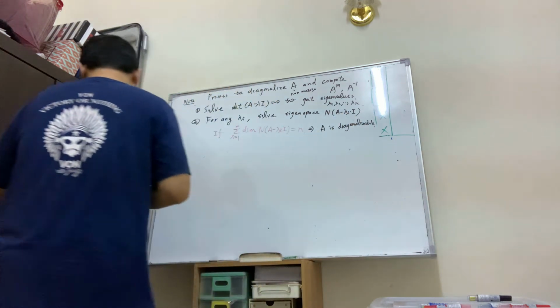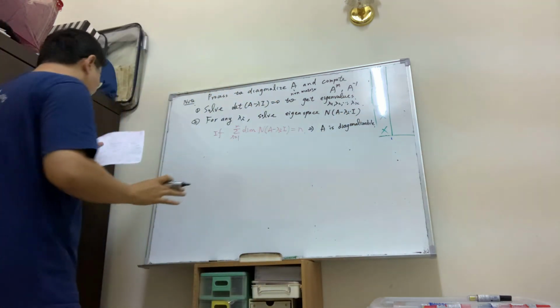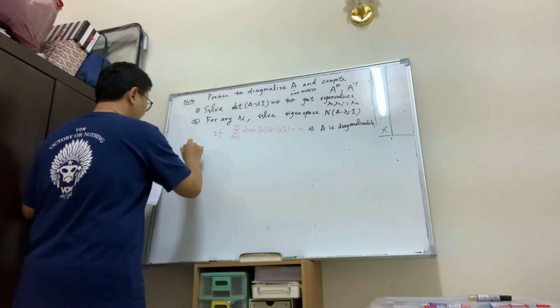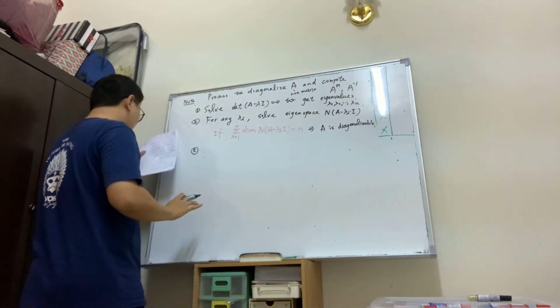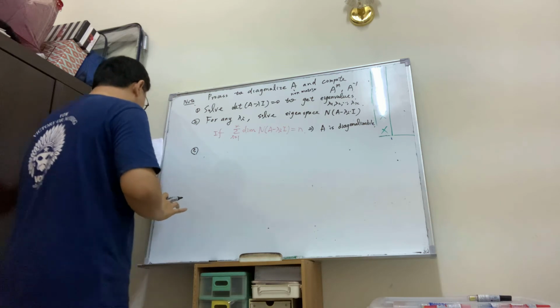So not all matrices are diagonalizable. In this case, how do we find the invertible matrix P?